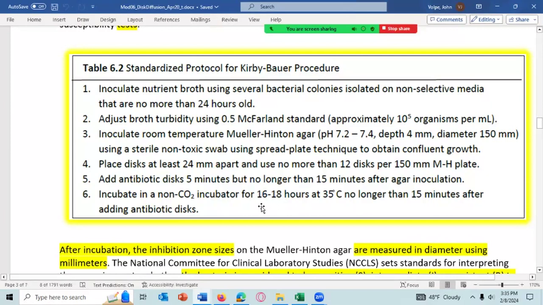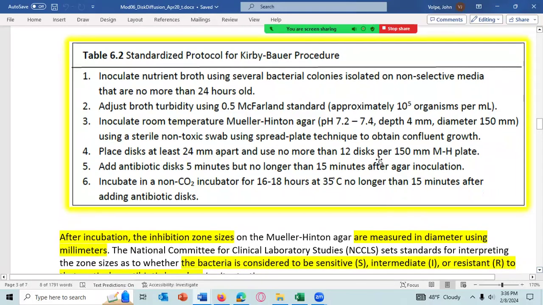Obviously, if you were to grow them longer, the size of the zone of inhibition would be decreased. If you were to grow them for a shorter time, the size of the inhibition zone will be slightly increased. So we always grow them for 16 to 18 hours. Any questions about the standard protocol for doing the Kirby-Bauer test method?